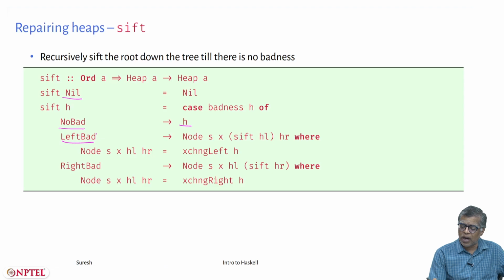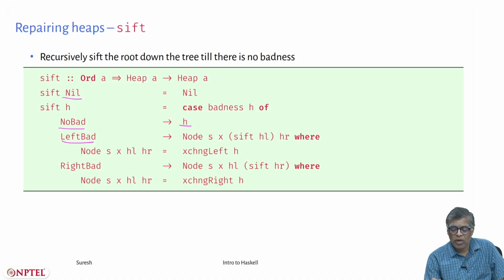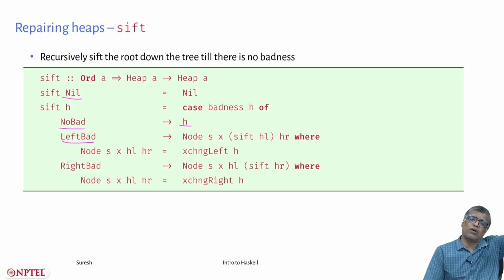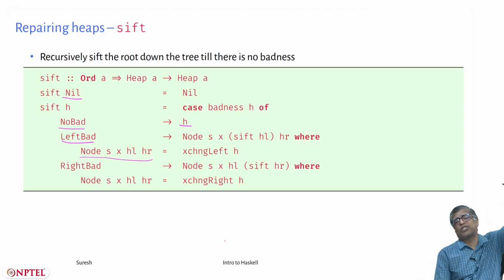If it is left bad, then what you will do is first exchange the root with the left child, and that will give you this. After having exchanged with the left child, it could be bad, so you have to do sift HL. Okay, this is the point.